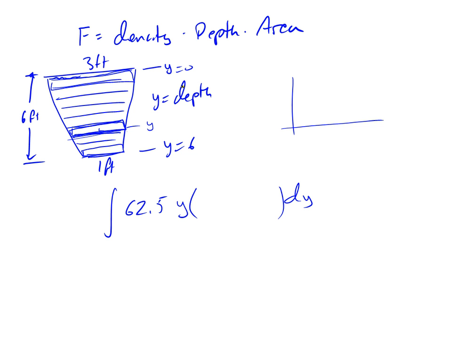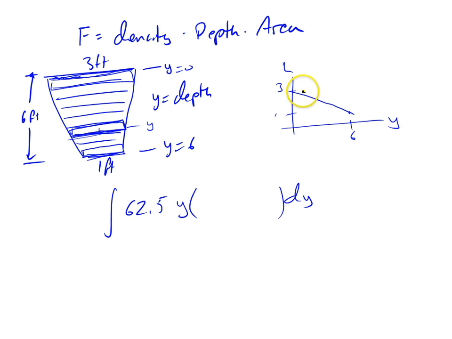But what I do is I look at it and I say, I know that when y is equal to 0, so this is the y-axis, this is the L-axis, the length across there is 3 feet. I also know that when y is equal to 6, down here at the bottom, the length across there is 1. And I'm looking at this saying, well, I need a straight line that goes through those 2 points.